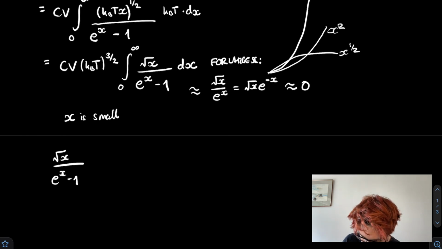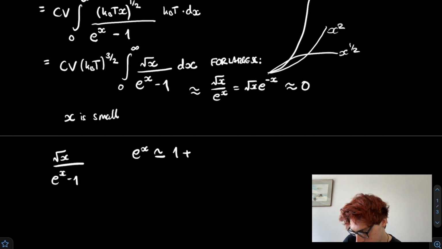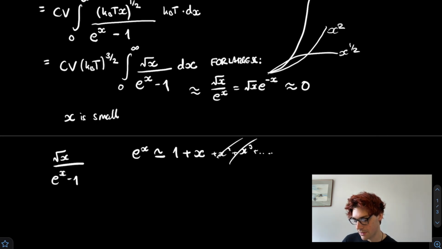So e to the x for small x is approximately equal to the first order, 1 plus x. Technically it will go on forever. There'll be an x squared term, an x cubed term, and so forth. But because x is so small, it doesn't matter about these. We can just look at the first two.